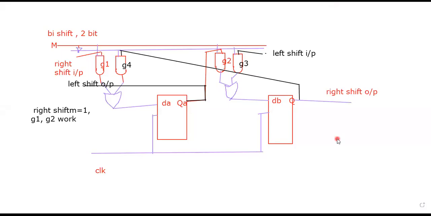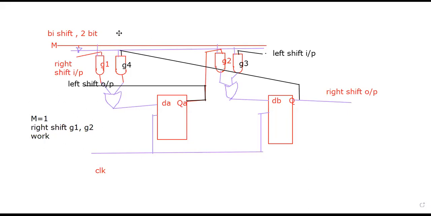So this is our bi-directional shift register. It depends on the M bit. When M equals 1, it would perform the right shift operation, and the G1 and G2 gates will initiate to provide input to the A and B flip-flops.